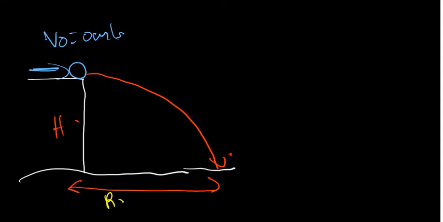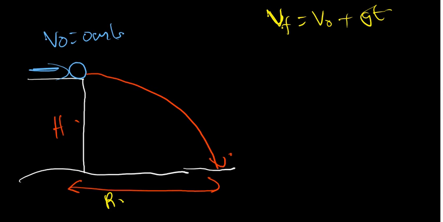Here what we need to know is that the formulas we are going to be using are the same formulas we were using under free fall motion. Remember, under free fall motion, we were using these formulas: V final is equal to V initial plus GT.